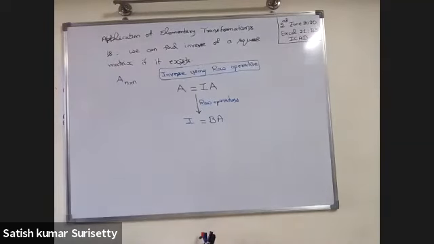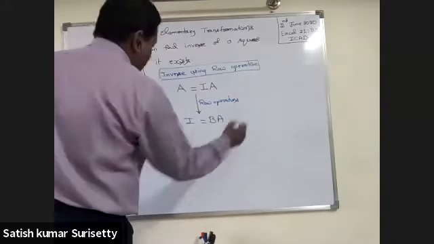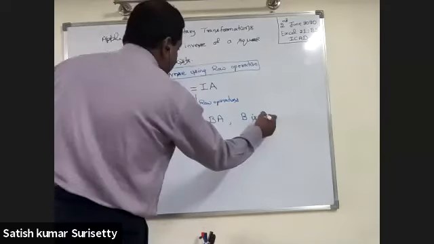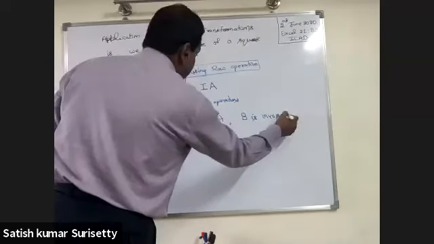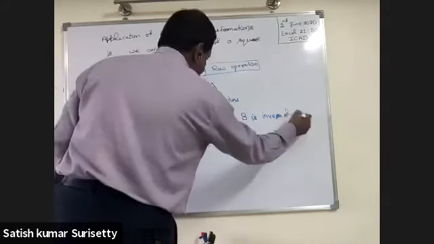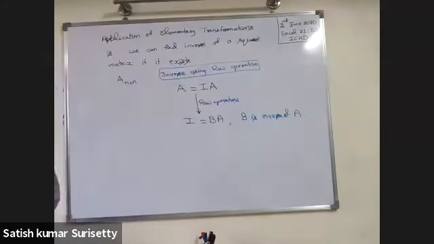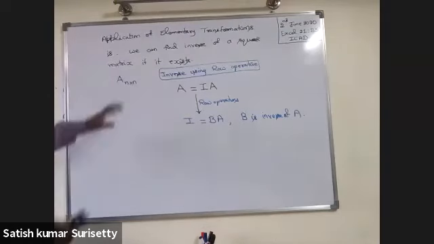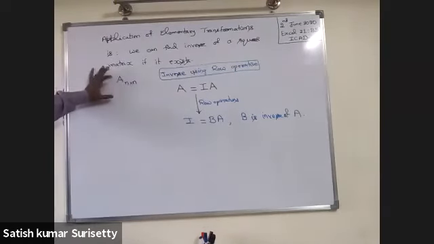Here B is called the inverse of matrix A. Observe here, A is a given matrix and it is asked to find the inverse.